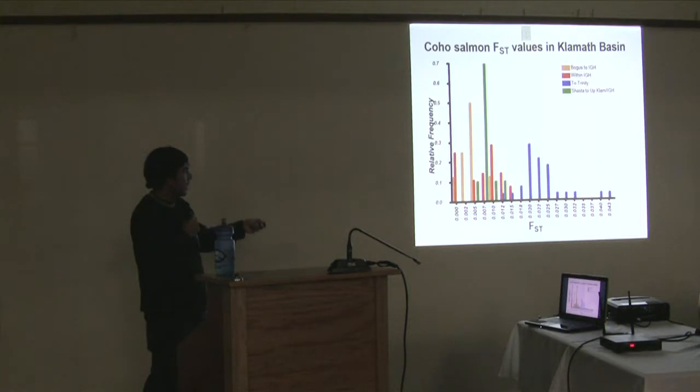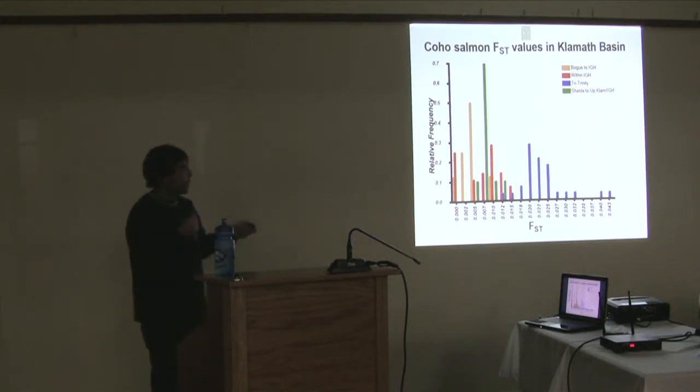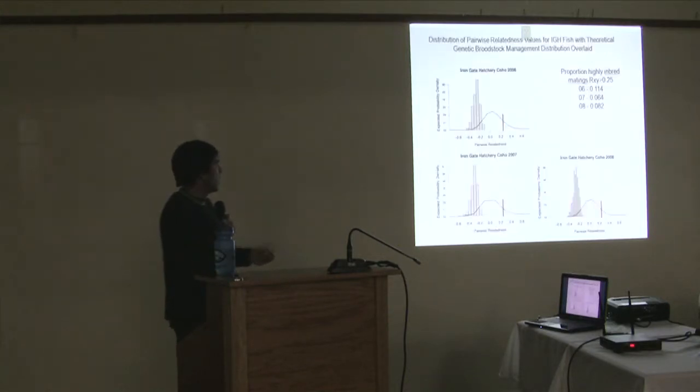And by and large, the differentiation between samples taken from different tributaries and even different years in the Klamath River Basin is very, very low. Approximately 1% of the variation found in these populations is partitioned between them as opposed to found within them, which is like human populations, more or less.